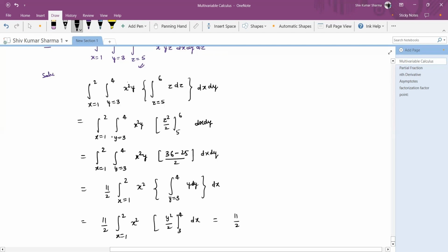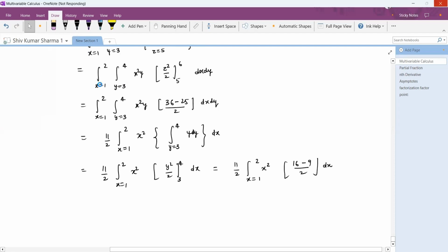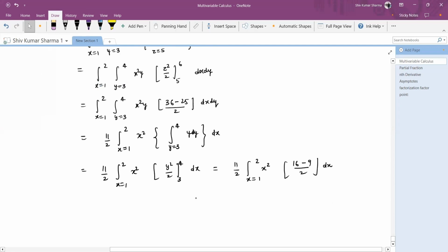So we can write 11 upon 2, x equal to 1 to 2, x square, then 4 into 4 is 16, minus 3 into 3 is 9, upon 2, into dx. So 16 minus 9 is 7 upon 2. Again we take 7 upon 2 outside the integral.